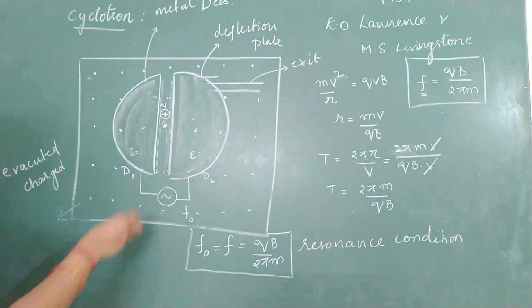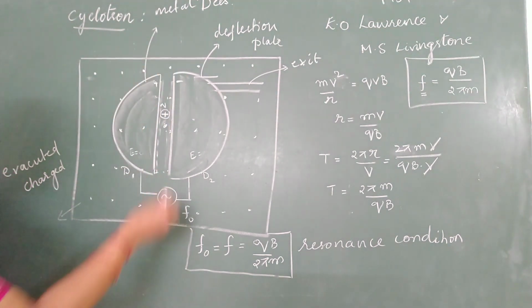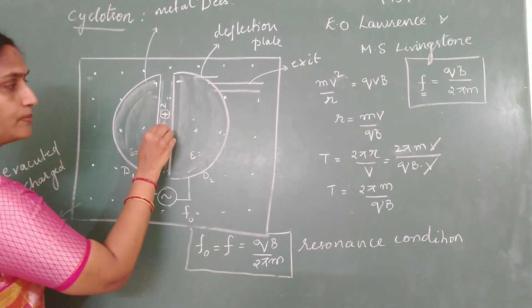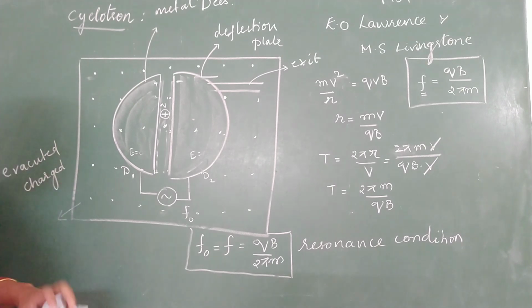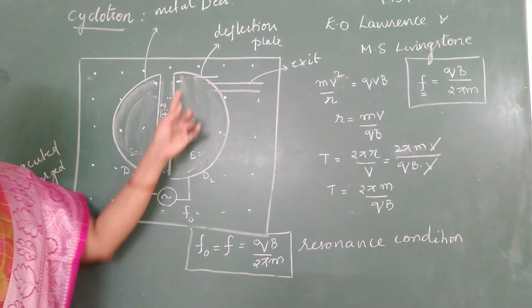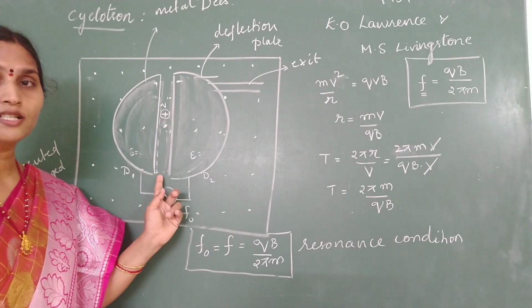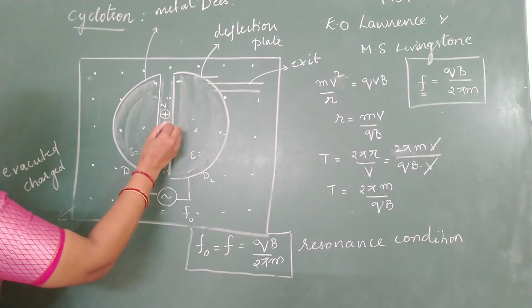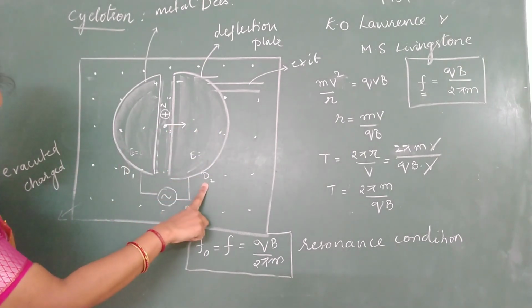See that initially this D is positive and this side is negative. Tell me what would happen to the charged particle. Because of the electric field in the gap, the positive charge gets attracted by the negatively charged D and it will move towards D2, the second plate.